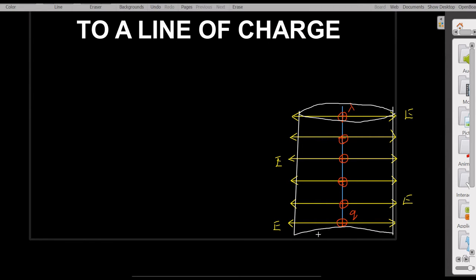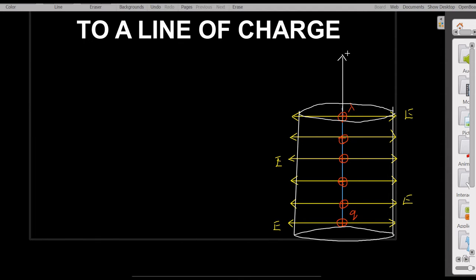Bottom side is also a plane surface. Top side is also a plane surface, whereas it has got a curved surface also. Now, what is the area vector on the top and bottom plane surface?